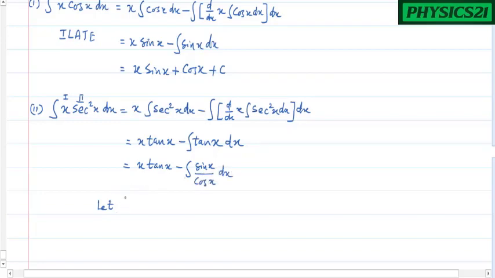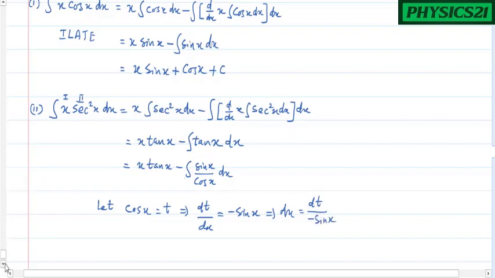Now use the substitution method. Let cos x equal t, the value of dt divided by dx will be minus sin x. We can substitute in place of dx, dt divided by minus sin x.